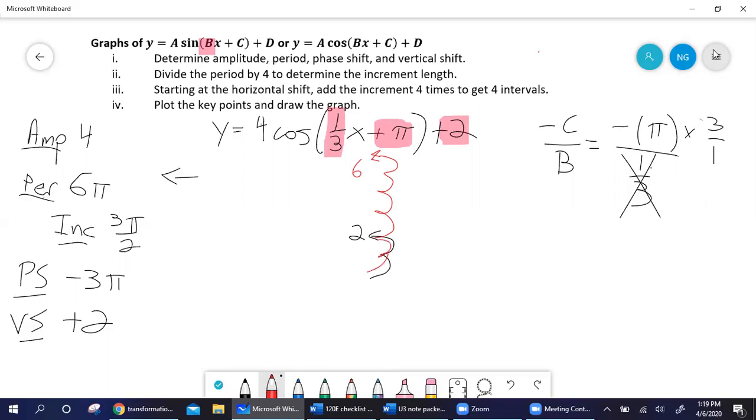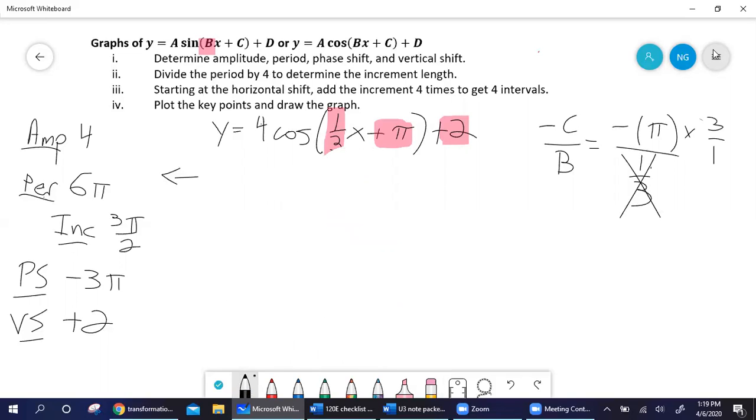From 2, I'm going to go down 4, which will put me at the bottom of negative 2. Again, that means this is a distance of 4, and this is a distance of 4. So I'm going to see more of the above x-axis, but I will see the same dip below.